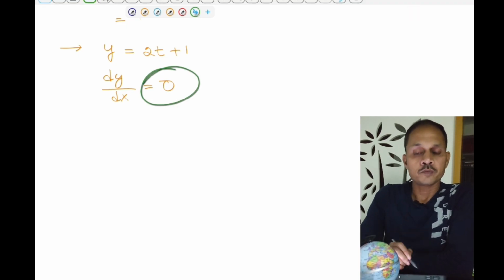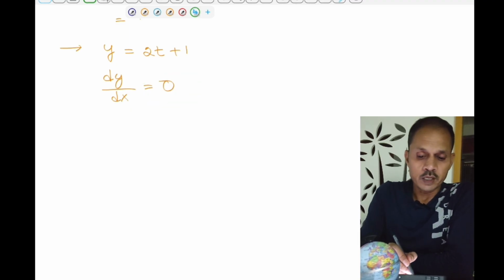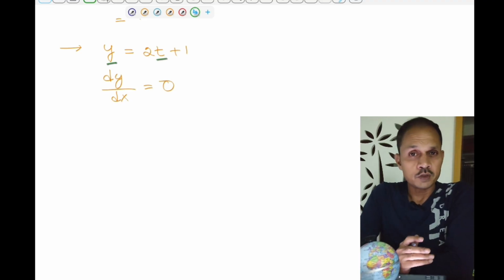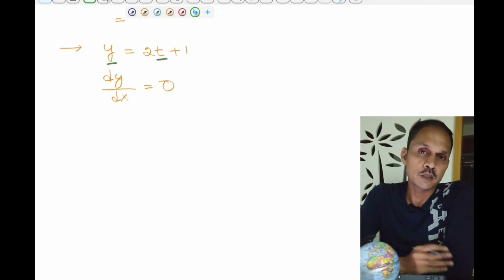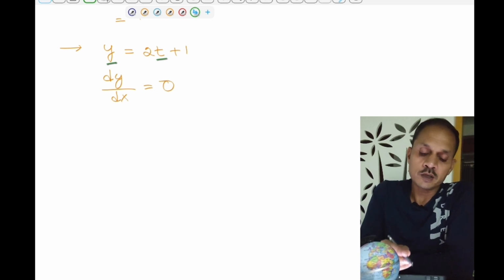The answer should be 0. Why? Observe here, y is a function of variable t, which means y is independent of x. From the x point of view, y is a constant. It is not depending on x. So dy by dx is nothing but dy by dx of a constant, which is 0.